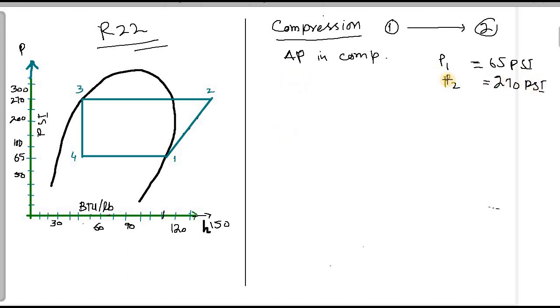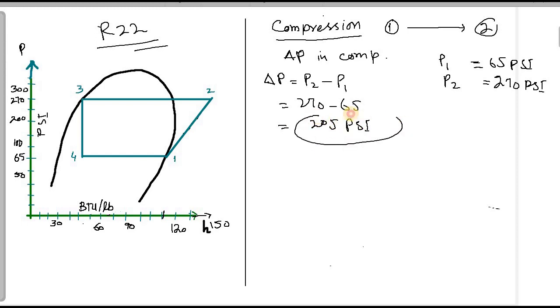To find delta P, we subtract P1 from P2. Delta P is equal to P2 minus P1, 270 minus 65, and the result will be 205 psi. So this is the pressure difference which increased during this compression process. This will be our delta P.